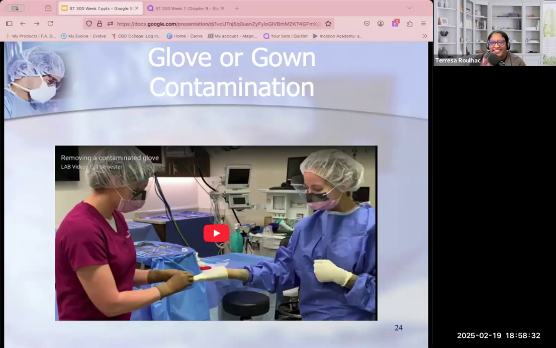Per the book, and you'll understand once you get to your sites why I'm saying this, per the book, you do not remove your glove yourself. Again, there is a difference between real world and what you will see, okay? But once you get ready to take your CST, I want you to revert back to the basics because that's what's going to help you be successful for that CST exam. So, your circulator will remove your gloves for you.